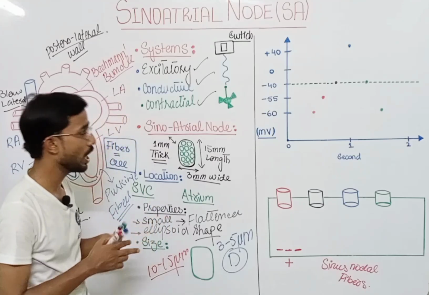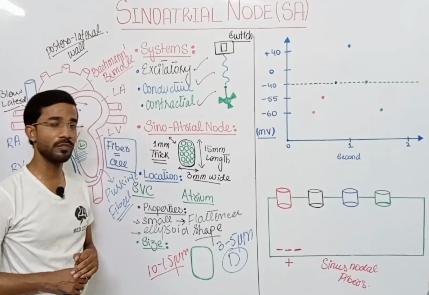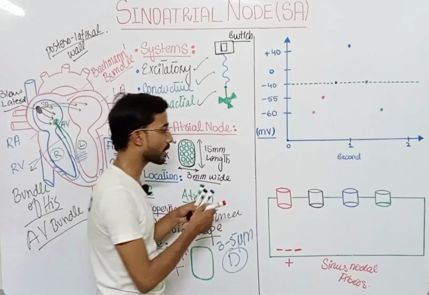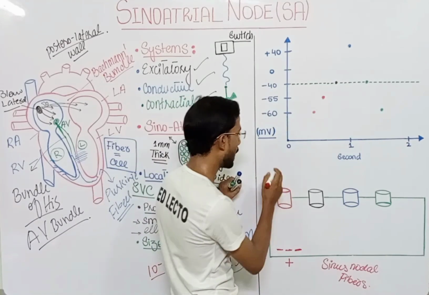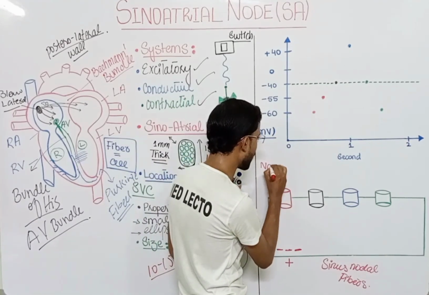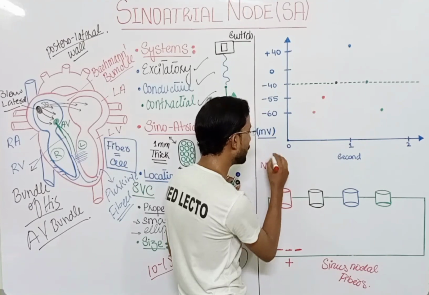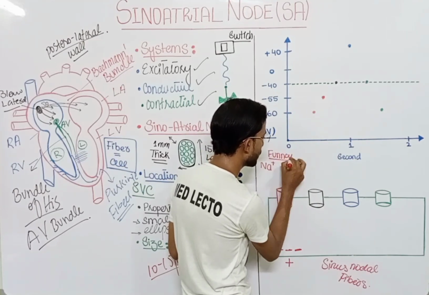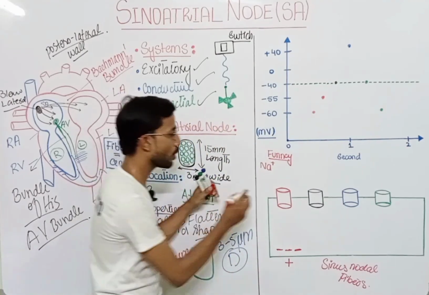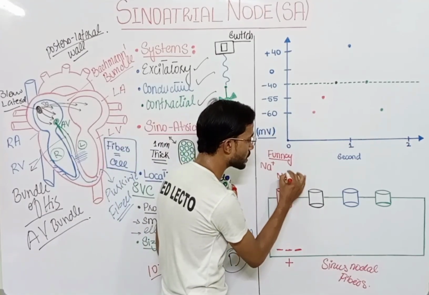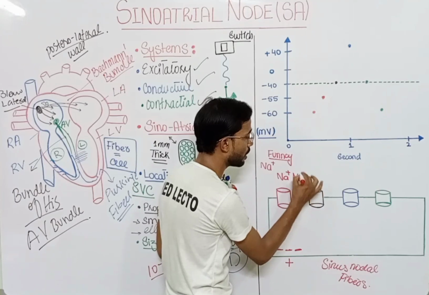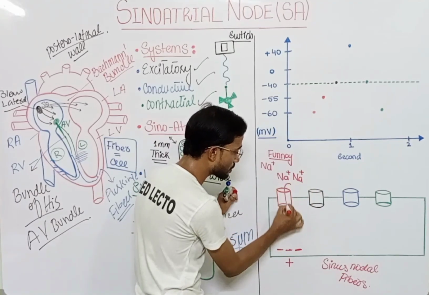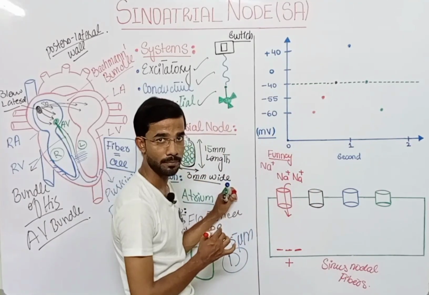Okay. So in that situation, what will happen? The most important channel is the sodium channel, specifically the funny sodium channel. Sodium that is present outside in the extracellular space will start moving inside the cell.